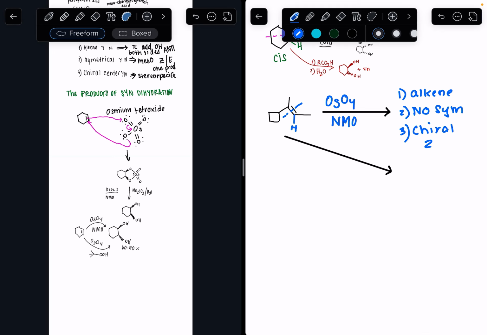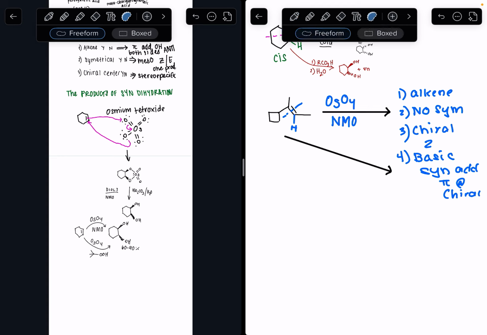So now we're looking at this. Is it an E or Z product? Nope, because it's chiral on both sides. So we can go ahead and we know that when we're adding basic conditions, and let's just make that a 4th category, basic conditions, it's going to be syn addition across that pi bond at the chiral centers.